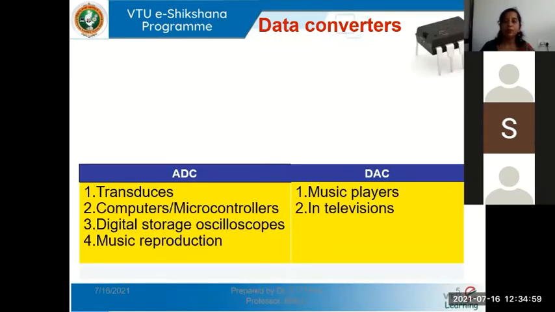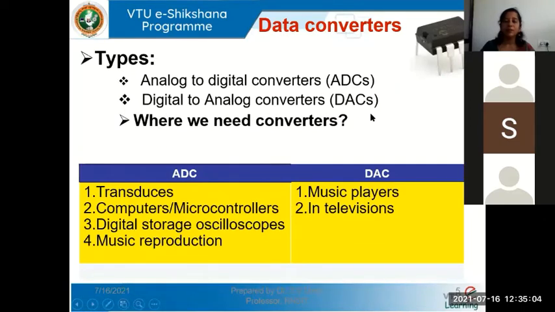So coming to data converters. Data converters are those circuits which help in converting data from one form to another, analog to digital or digital to analog. So we have 2 types of data converters: analog to digital converters or ADCs, where we are going to convert analog data into digital data. And when I say digital, usually it will be in binary form.